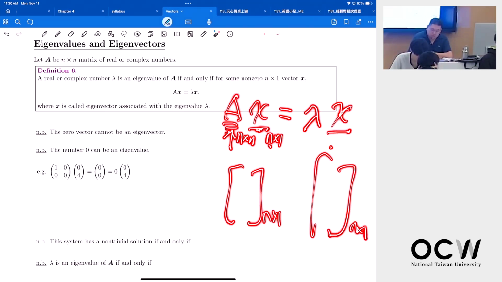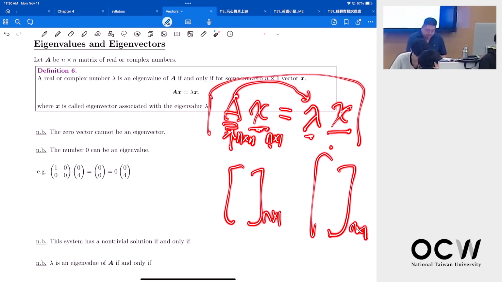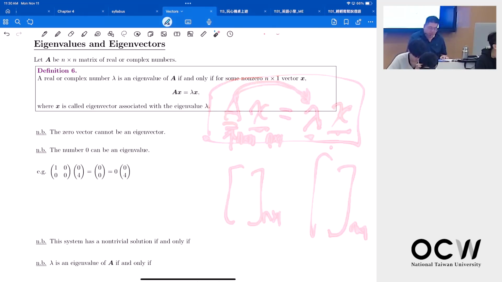So you see that we go from the matrix to a scalar, lambda. If you satisfy this, then we call lambda an eigenvalue, and x is called an eigenvector of the matrix A. Don't you think it's like magic? My matrix now becomes a scalar to express the same thing.